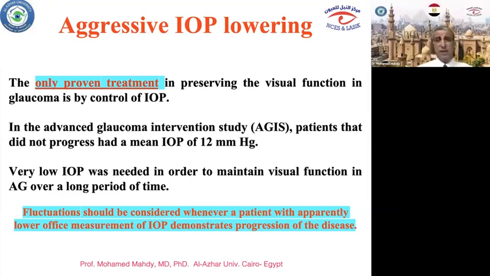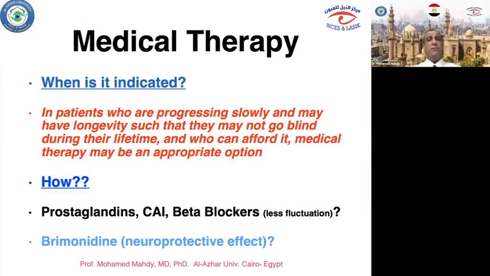Medical therapy. Is medical therapy indicated for the advanced glaucoma patient? We could say yes. In some patients it has a place, specifically in patients who are progressing slowly and may have longevity such that they might not go blind during their lifetime, and patients who can afford the medication.